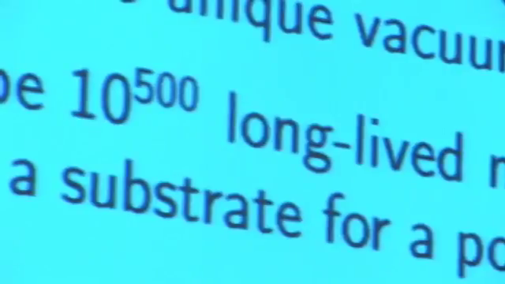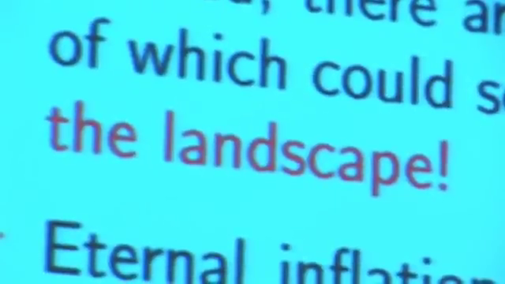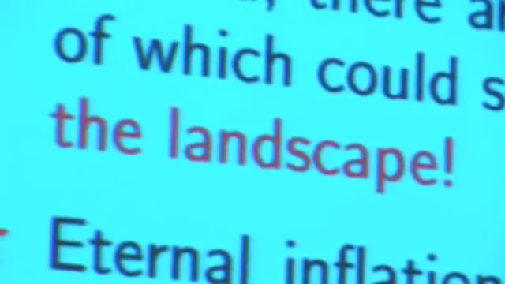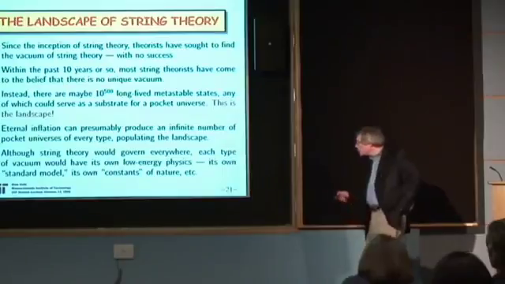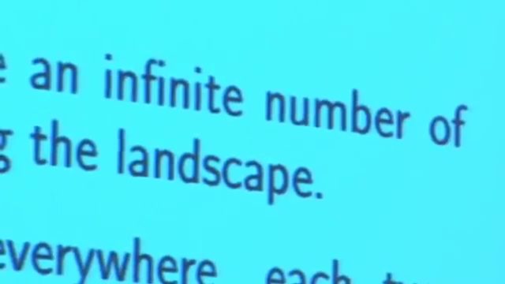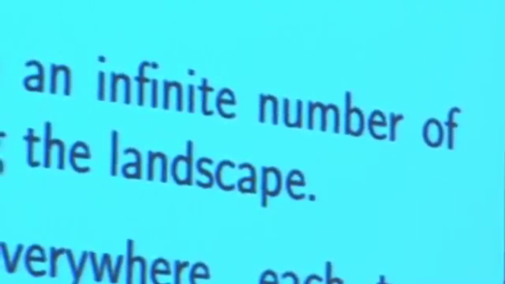I don't think you should take that number too seriously, but some huge number of long-lived metastable states, any one of which could serve as the substrate for a pocket universe. And this huge set of metastable states is what's called the landscape of string theory. Now, if you have eternal inflation like we just described, eternal inflation can presumably produce an infinite number of pocket universes involving every one of these 10 to the 500 different kinds of vacua.